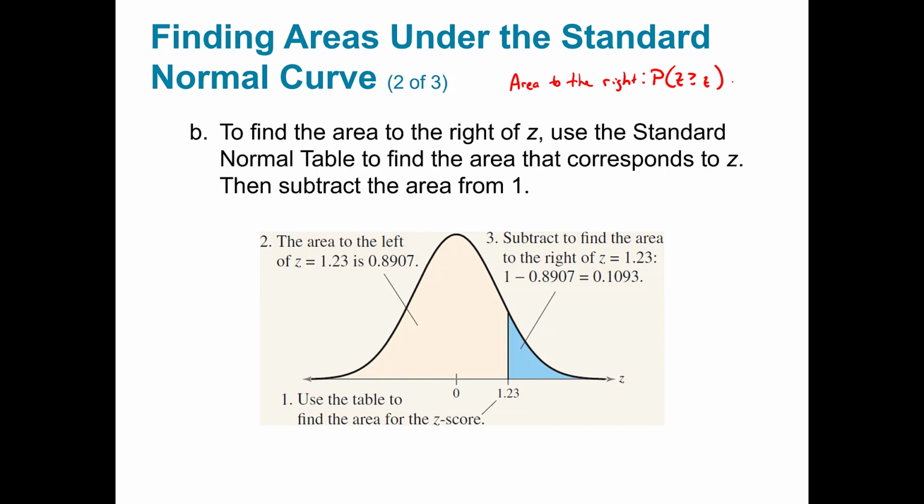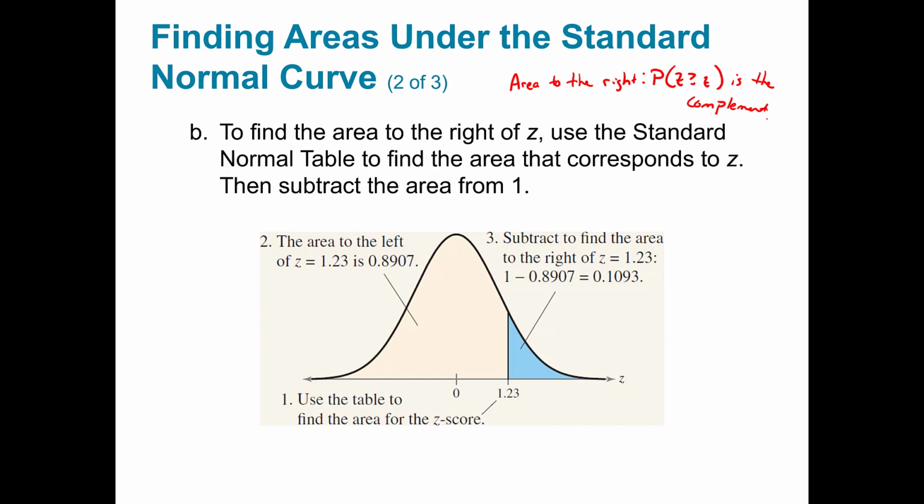So remember, this is the complement. The reason we're subtracting from 1 is because it's the complement of the probability z is less than or equal to some value z.